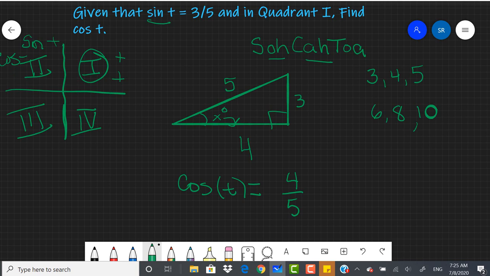And that means tangent, because tangent is sine over cosine, has to be negative as well. And then in the third quadrant, All Students Take Calculus, that means tangent is positive, and my sine and cosine are both negative.